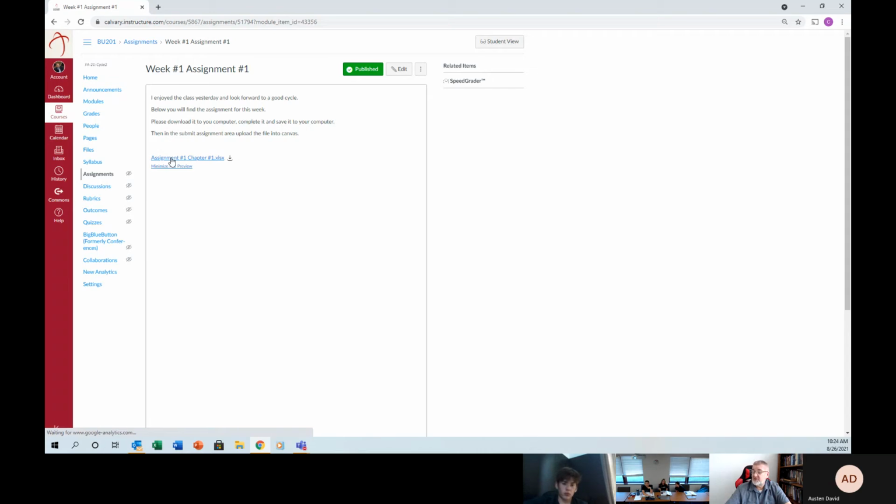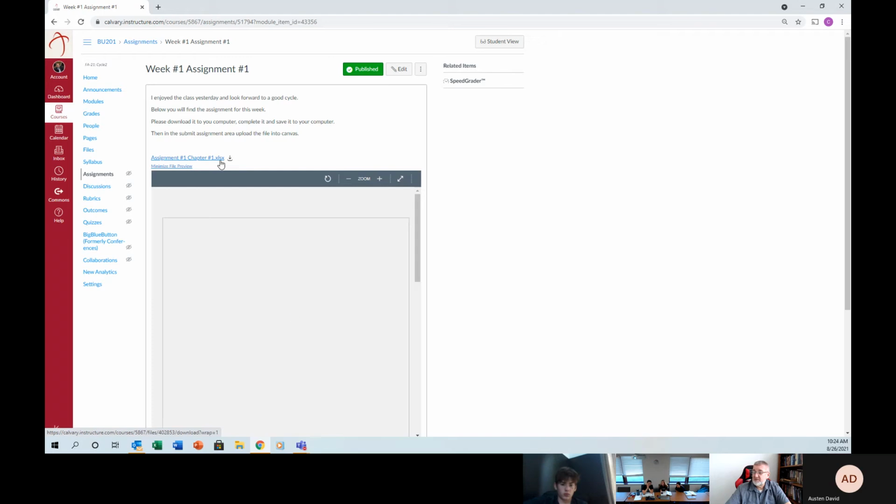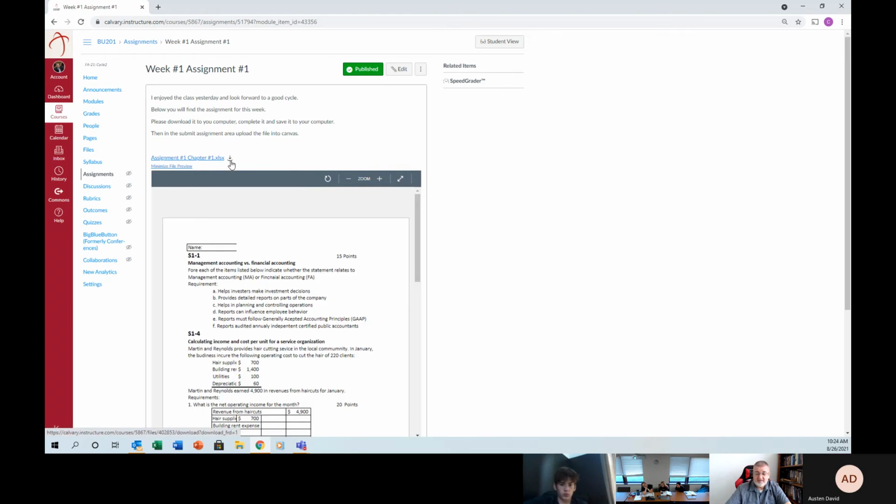But when you click assignment 1, if you click this little download arrow next to it, it's going to... Man, my computer's being slow today.